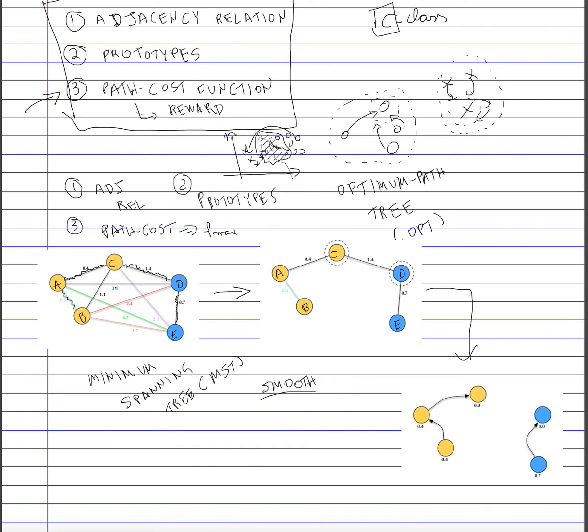The main idea of the OPF is to minimize the cost of each sample. So at the very beginning, we associate the cost 0 to the prototypes, and to the remaining samples, we associate a very high cost.